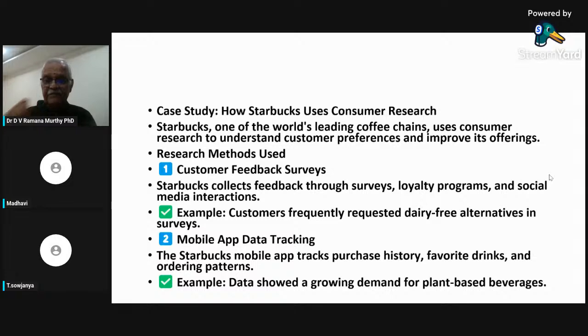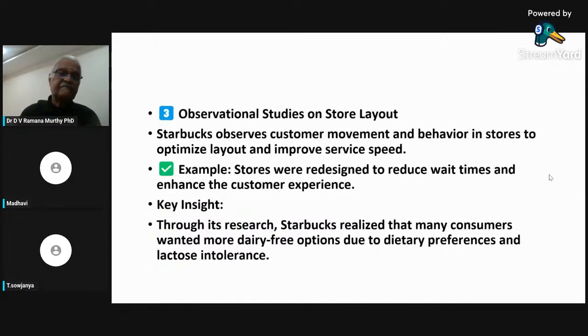Mind it, plant-based. It's not milk again. It is plant-based. That means you have to have only plant seeds used in beverages. The second important point, please note. First, they said dairy-free alternatives. Second, through mobile app data tracking, they said plant based beverages.